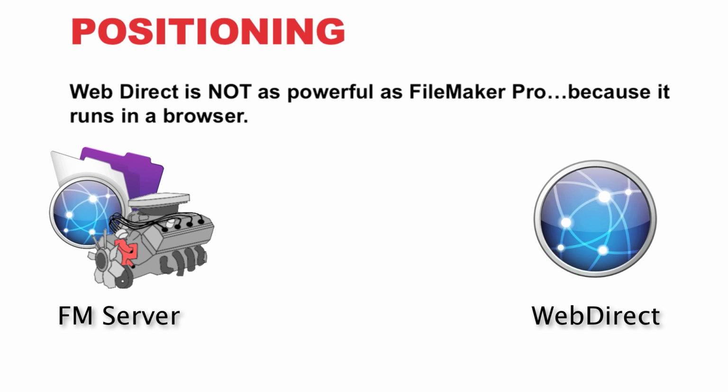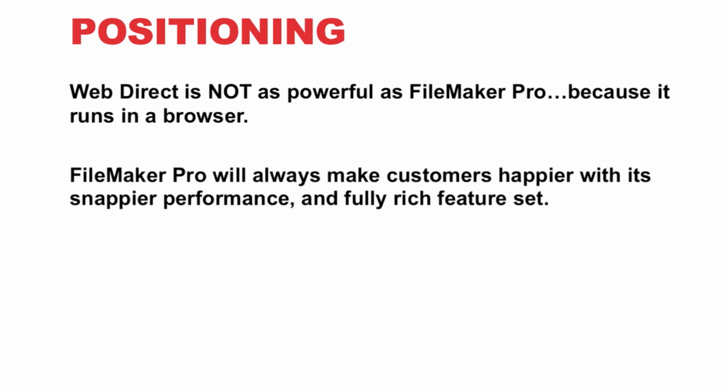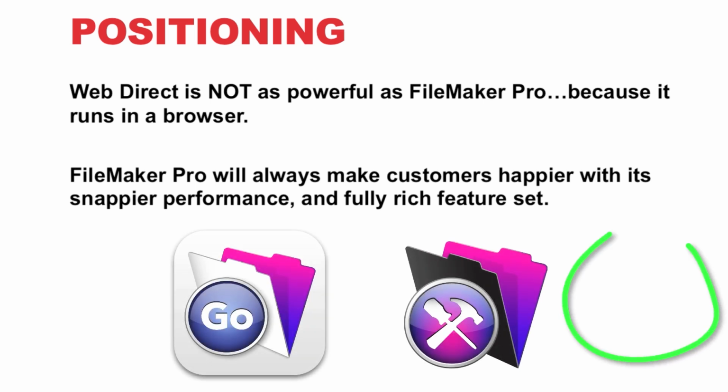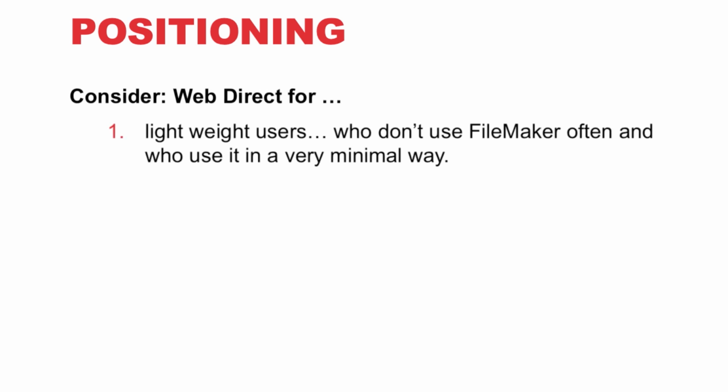So understand the structural differences between the historic FileMaker model and the new WebDirect model. Because of this, FileMaker Pro and FileMaker Go will always make customers happier with their snappier performance and fully rich feature sets. So with this in mind, consider WebDirect for lightweight users who don't use FileMaker often or who use it in a very minimal way.